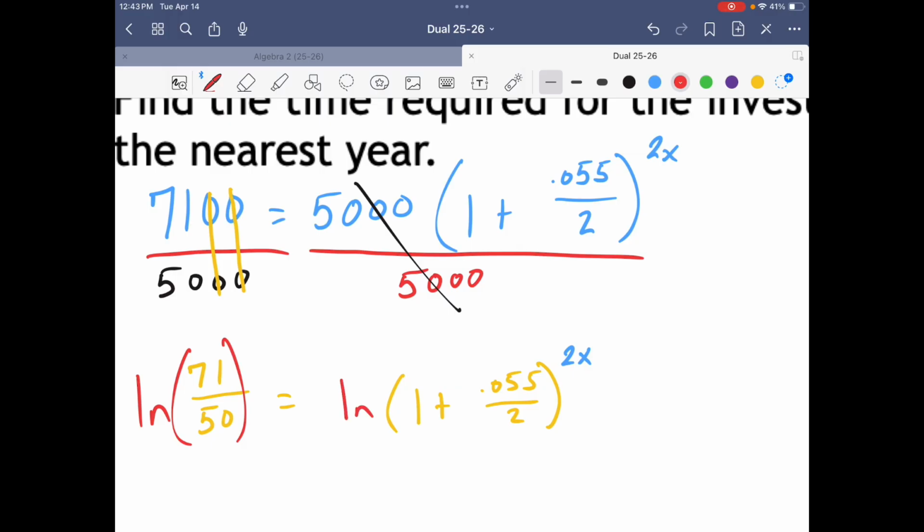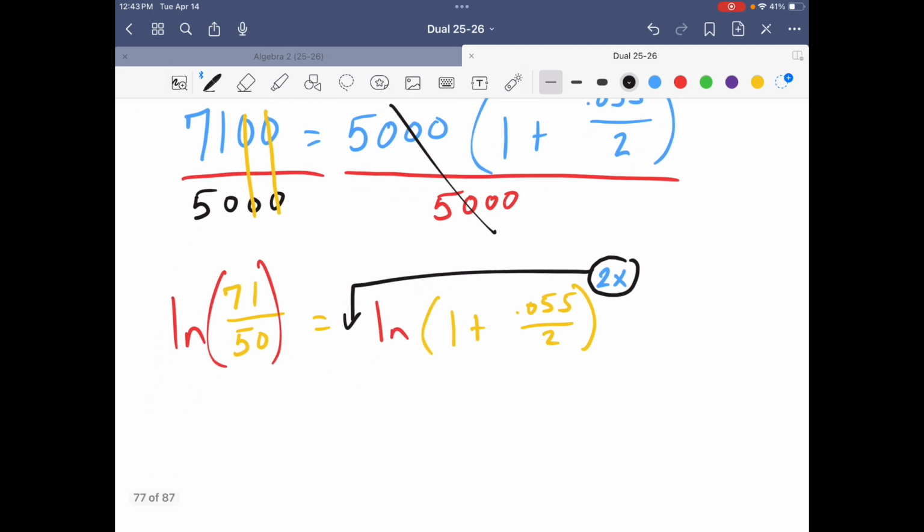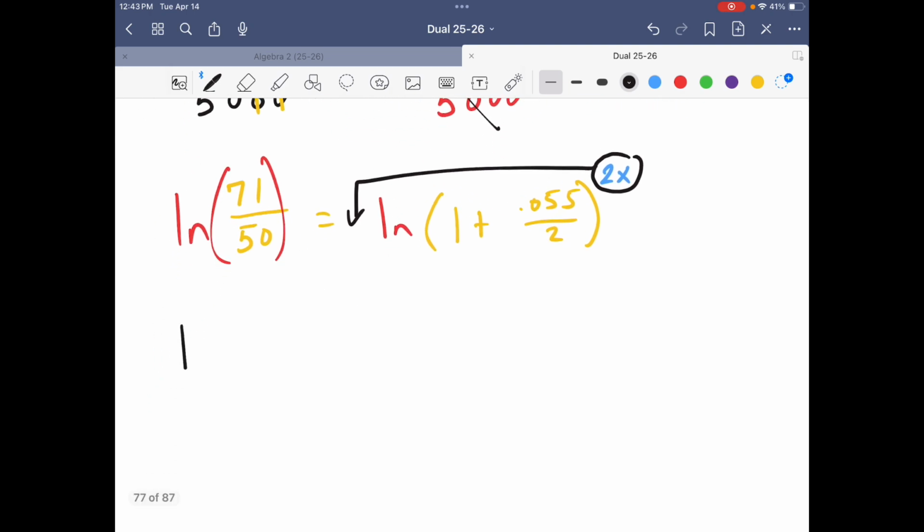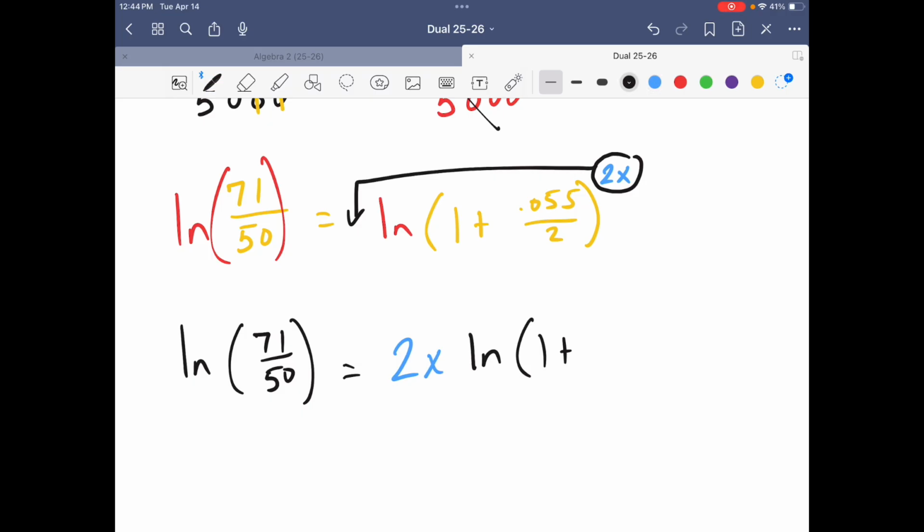What's going to happen as a result is that this is going to fall down and be right in front of the ln now. So let me rewrite all of this. Equals, but now the 2x is going to be in the very front. And then I got the ln of 1 + 0.055/2.